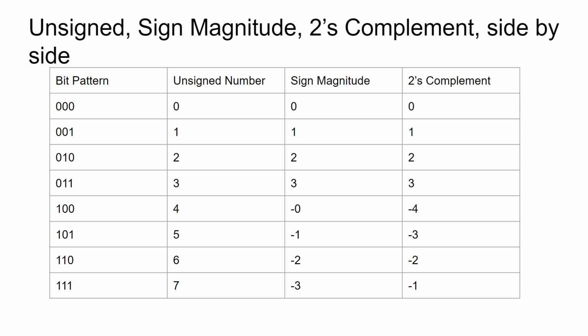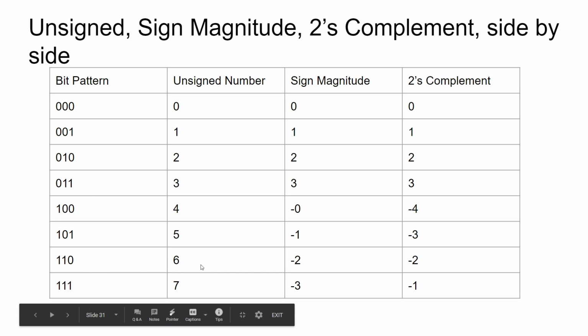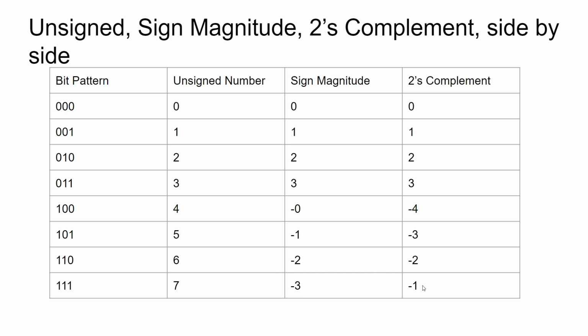And sign magnitude and 2's complement use the different bit patterns differently to represent different negative numbers, right? 111 in sign magnitude is -3, but 111 in 2's complement is -1. So again, if you're given some bits, you never know what they actually mean until you're given some context to interpret them in. Any questions here?